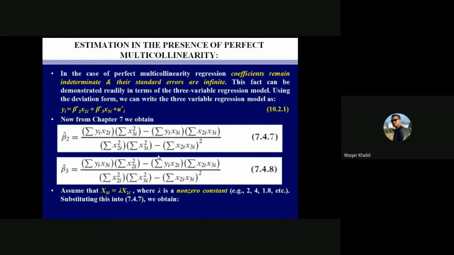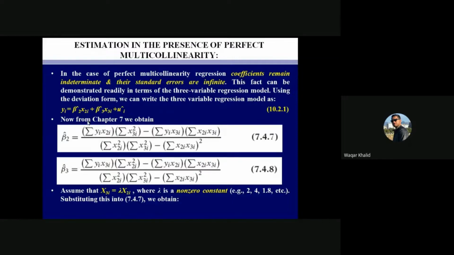Suppose in your regression model two variables are perfectly linearly dependent on each other. What will be the result? You cannot determine your regression coefficients. You cannot get the value of beta 2 and beta 3. And similarly, your standard errors will be infinite.